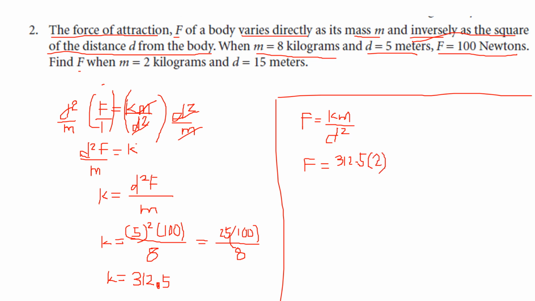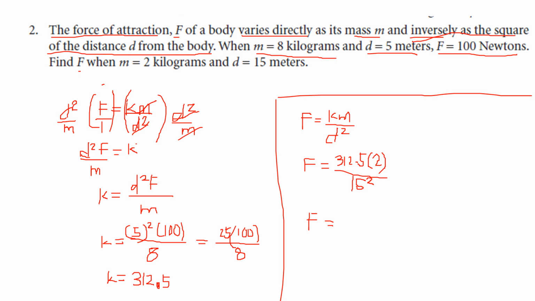And then what is D? D is 15. Since D is squared, we square 15. So F is equal to, can you please calculate this one for me? 312.5 times the mass, over 625.